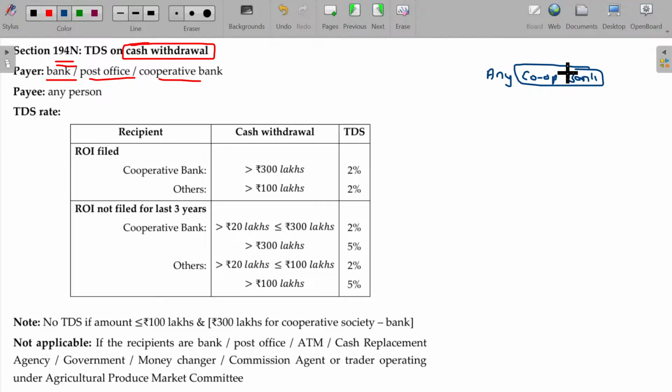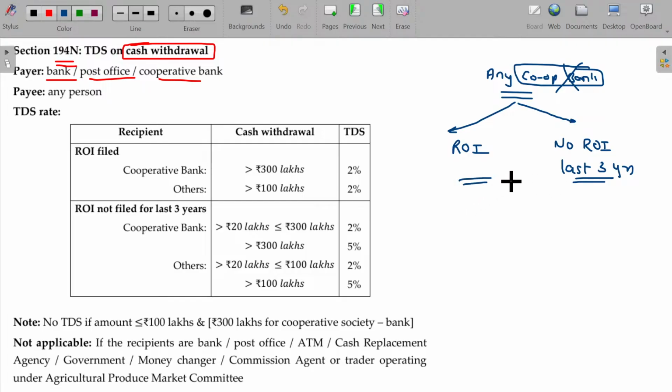Now the question is, has he filed RY, or is there no filing of RY in the last 3 years?